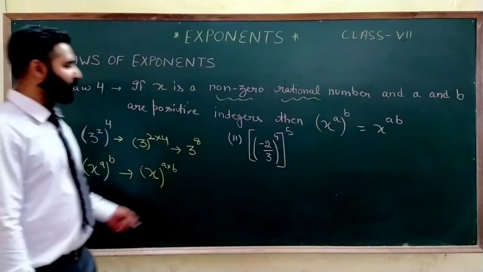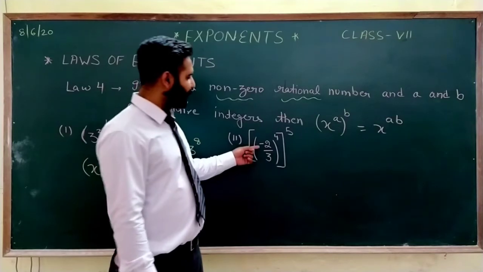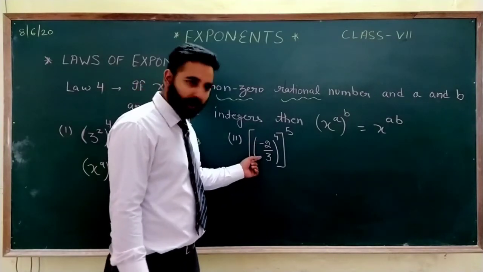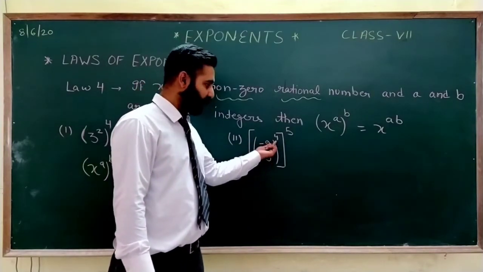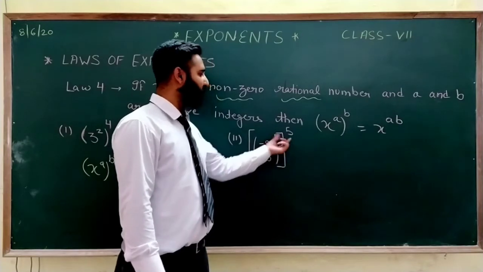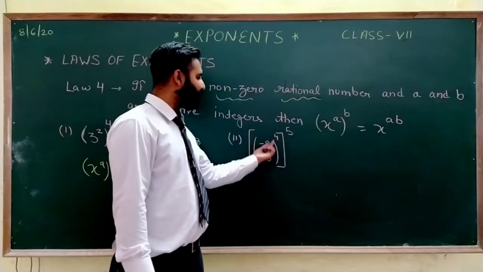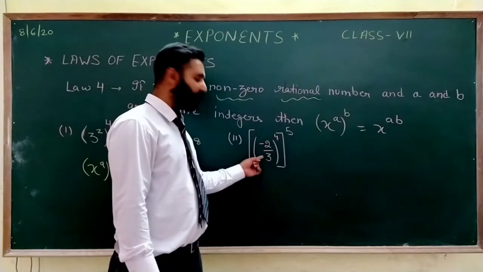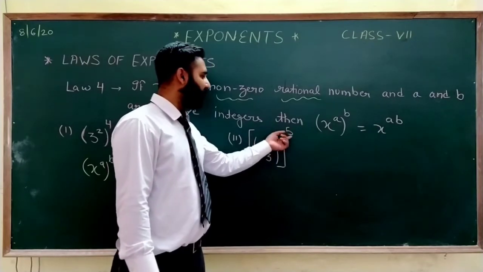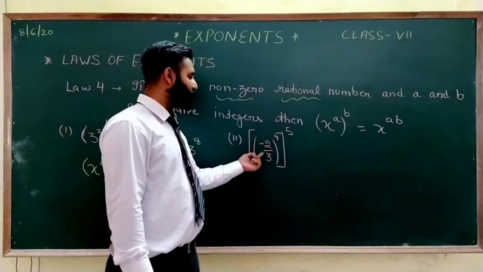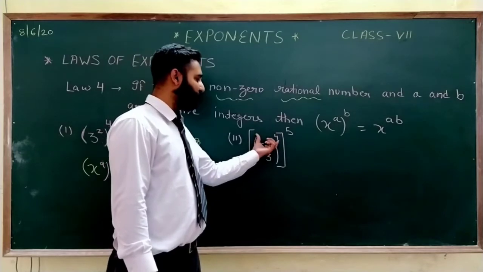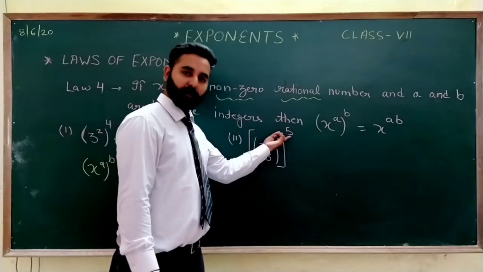In the second example, I have minus 2 upon 3 whole raised to power 4, again whole raised to power 5. Means first power 4 is with minus 2 upon 3 whole, and second power 5 is with minus 2 upon 3 whole raised to power 4 and again whole raised to power 5.